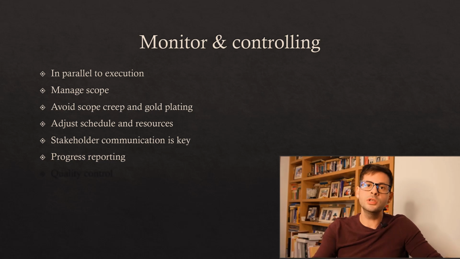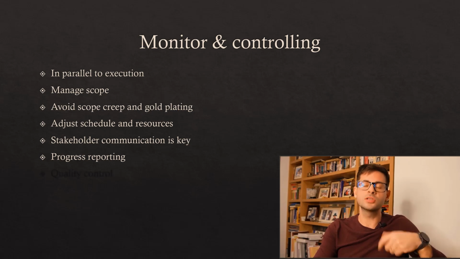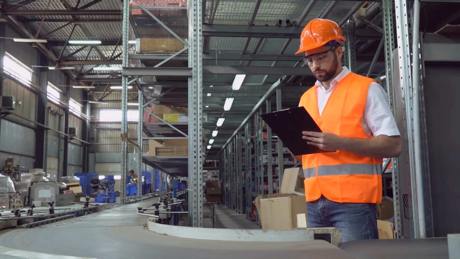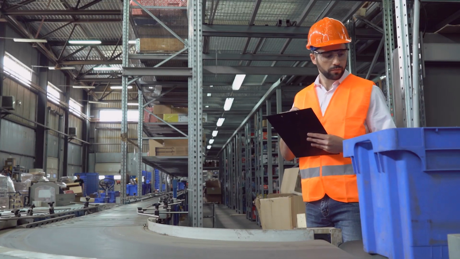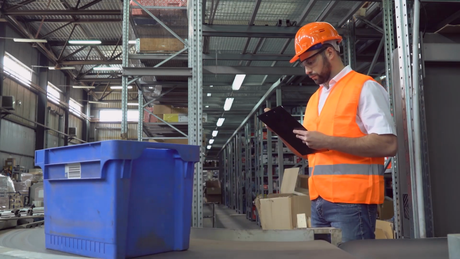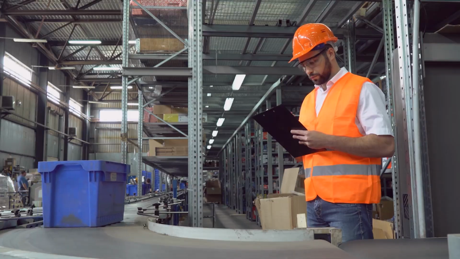How do we communicate with them? What do we tell them? How do we make sure that we have them invested in our project so they're supportive of what we're trying to achieve? We're also controlling quality to make sure that we're delivering at the highest quality possible so that we don't need to do rework, which will actually increase the cost and time of my project.